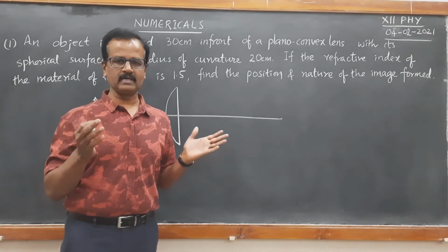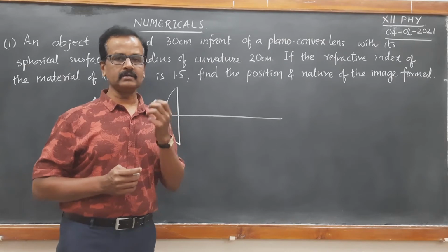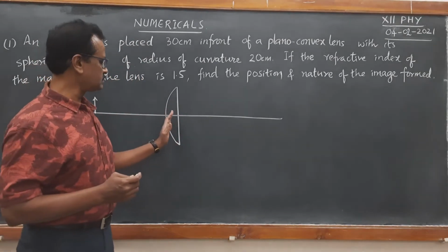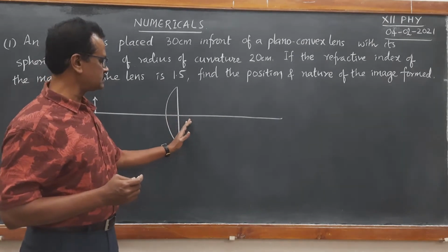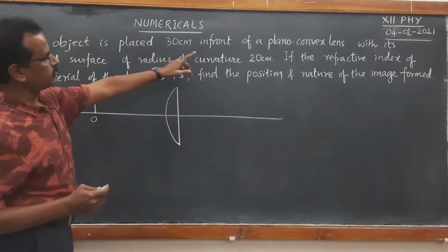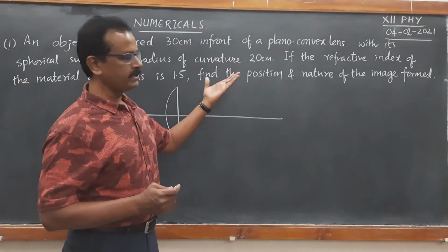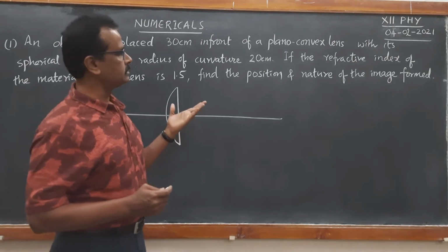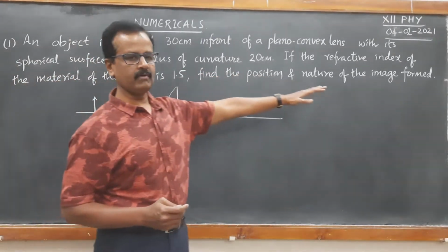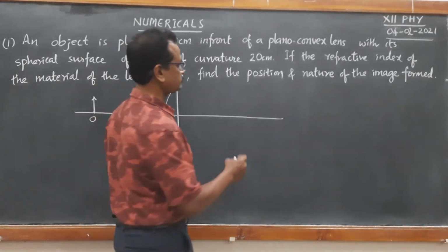These are the types of lenses that I think you have studied already even in 10th class. So this is one type of lens. One surface is convex, another surface is plane surface. Right? Now write down the things which are given and then apply the equation that is needed to find the position of the image formed. That means you are asked to find out image distance.